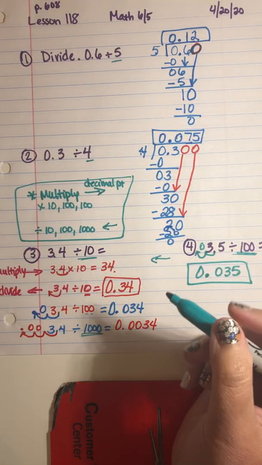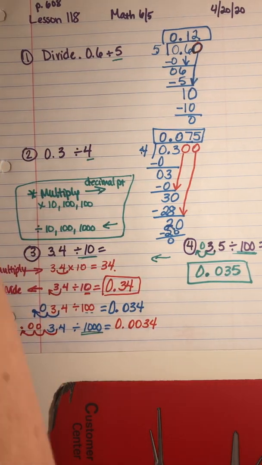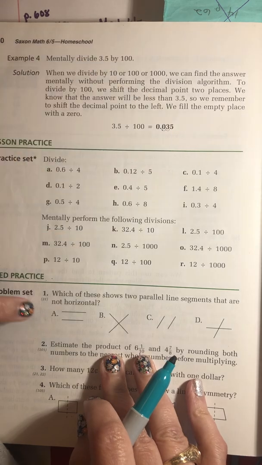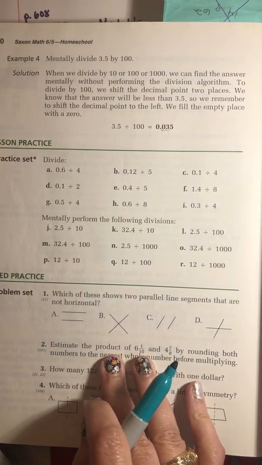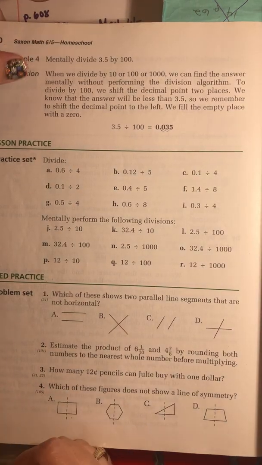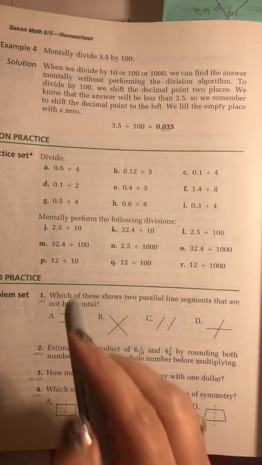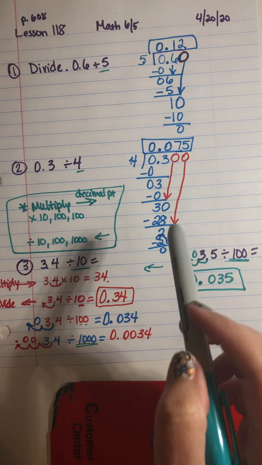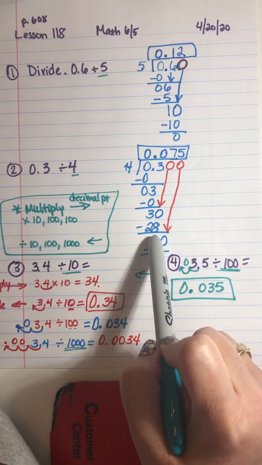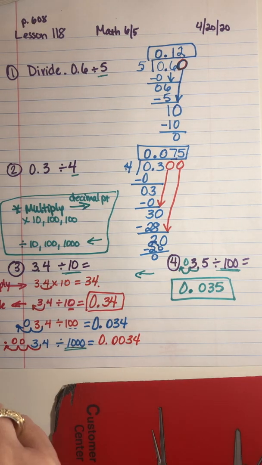So your practice problems on page 610 ask you the first half to just divide and the second half to mentally perform it. So like I said, if you have to write the little jumps, that's okay. That's still doing it mentally. That's not doing it the long way. And if you feel more comfortable doing it the long way and not doing it mentally, that's fine too. Whatever gets you to the right answer and helps you understand it.